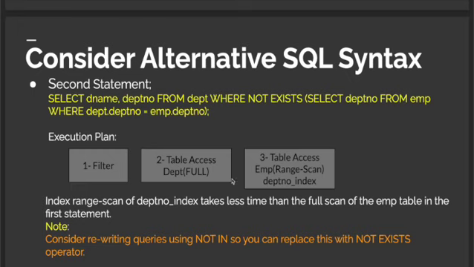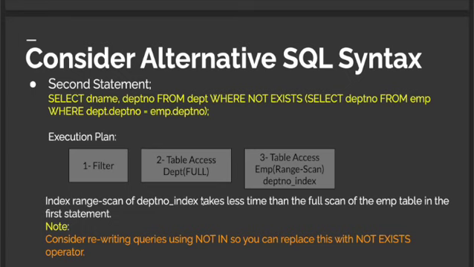If you have statements in your applications that use the NOT IN operator as the first query in this example does, then you should consider rewriting them so that they use the NOT EXISTS operator. This would allow such statements to use an index.